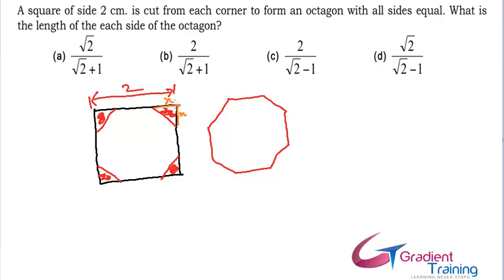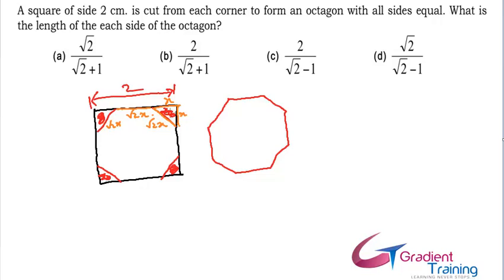So if the 2 sides are x and x, this length would be root 2x. And if this length is root 2x, since it is a regular octagon, this length also has to be root 2x. This length also will be root 2x, and so on. But then we don't have to complete this entire circle of writing root 2x.